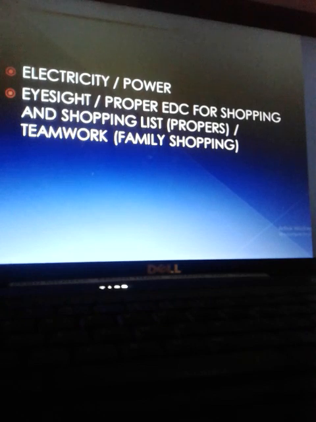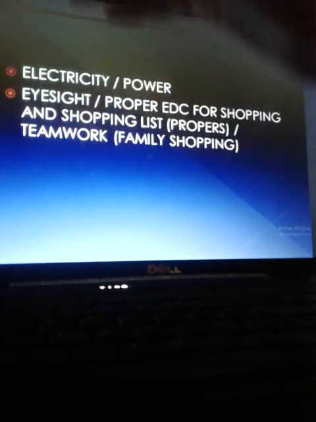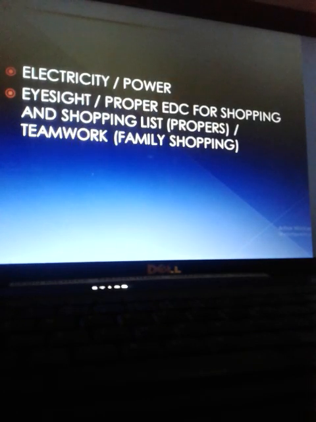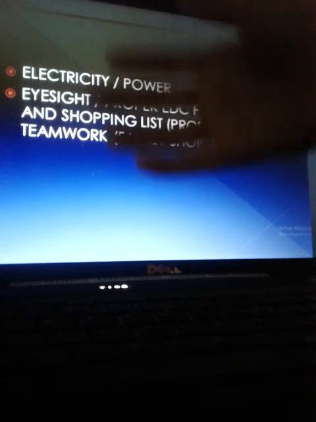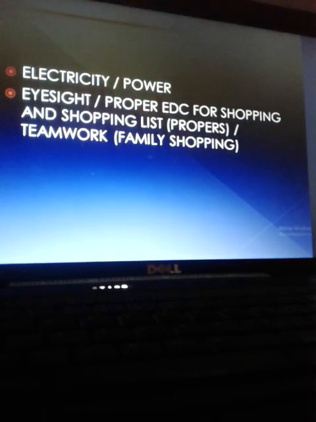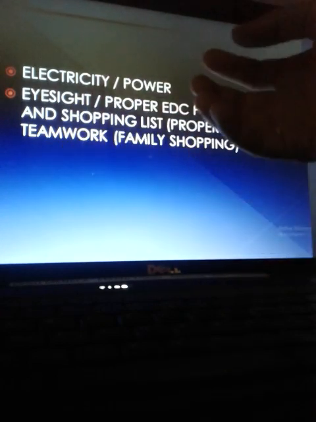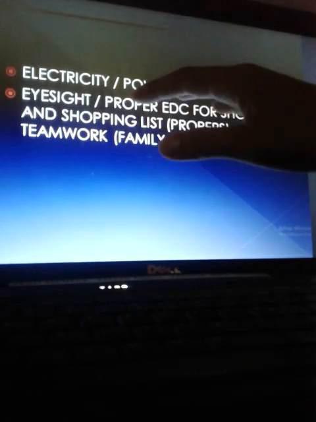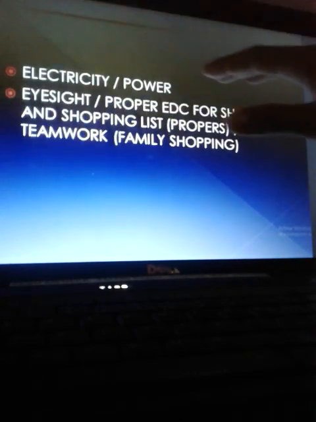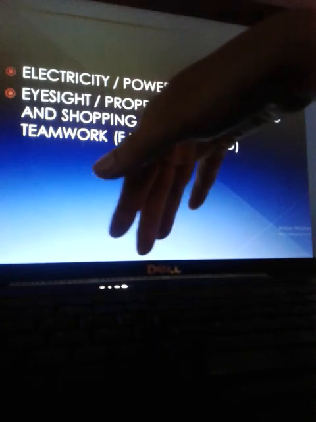So you go, okay, I need some sort of glasses, because most of the time you're not going to look for glasses when you are cooking or in the kitchen, and it can be a problem, which is also why I have mentioned before that you want to have magnifying glasses in the kitchen, and in the bathroom, and in your wallet, and everywhere.